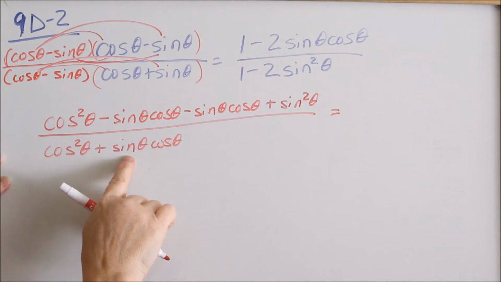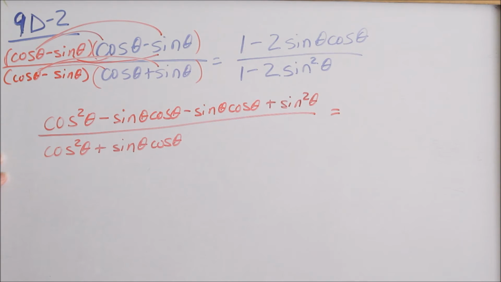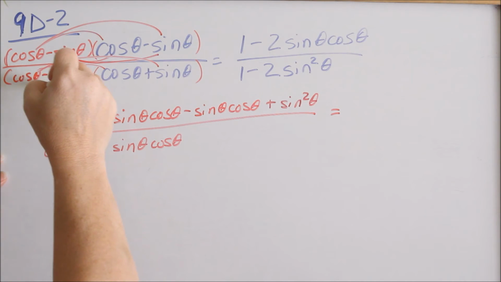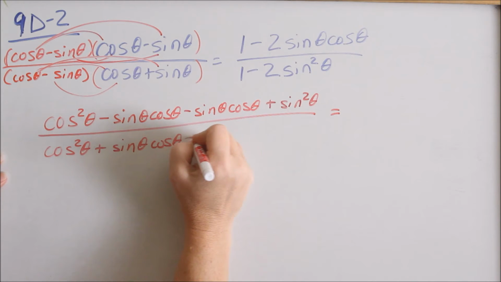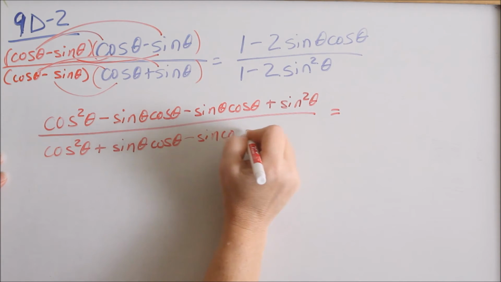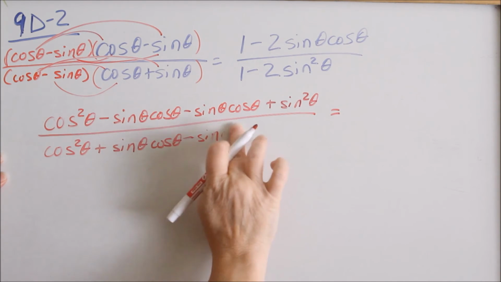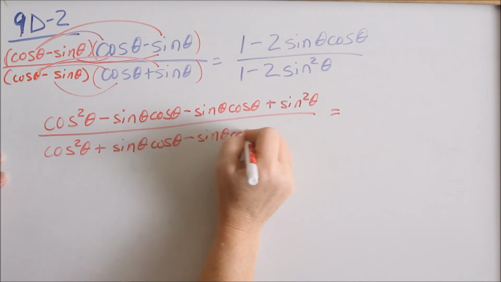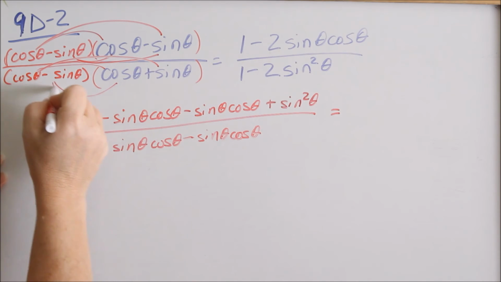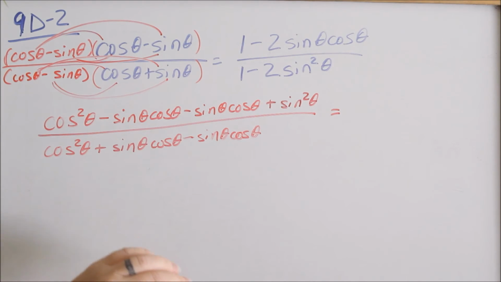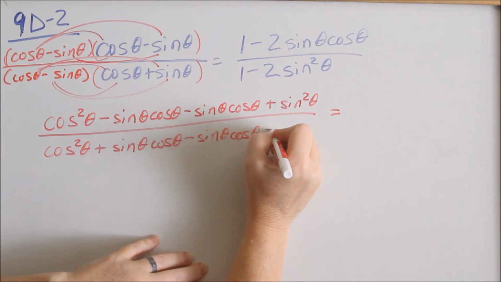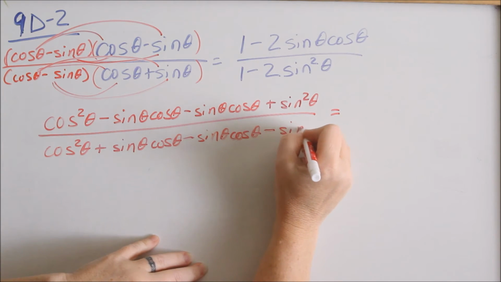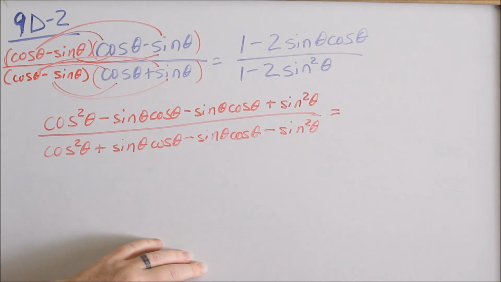Doesn't matter if you write sine cosine or cosine sine. Multiplication is commutative. Negative sine times cosine would be negative sine cosine. Let me get my thetas in there. Negative sine times a negative sine, a positive sine, and negative times a positive is a negative. Sine times sine, sine squared theta.